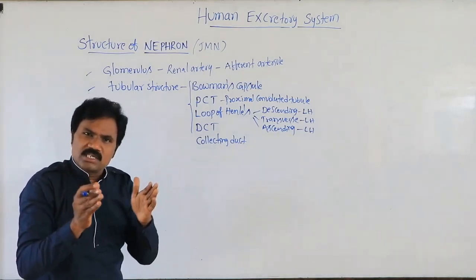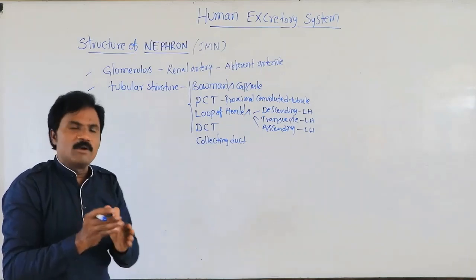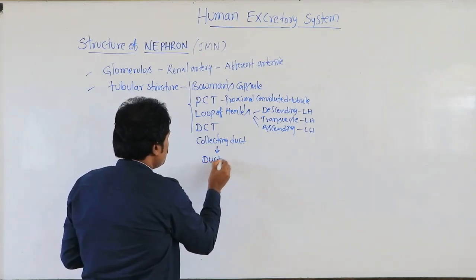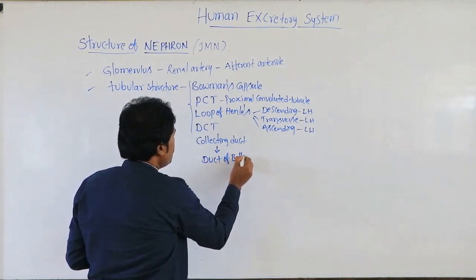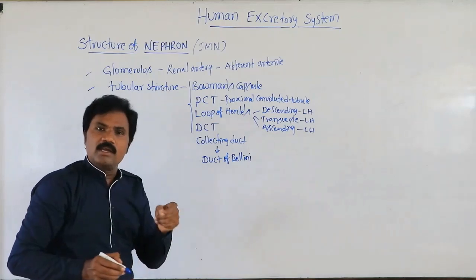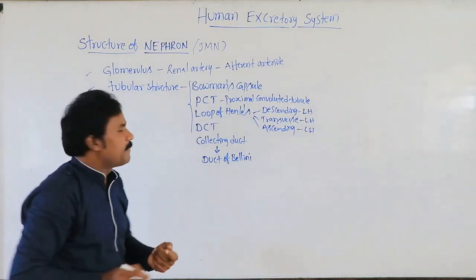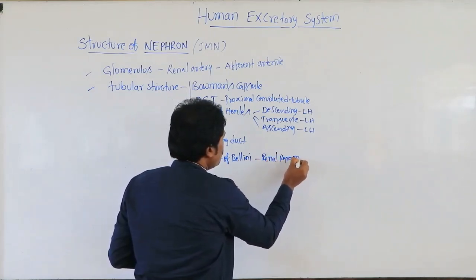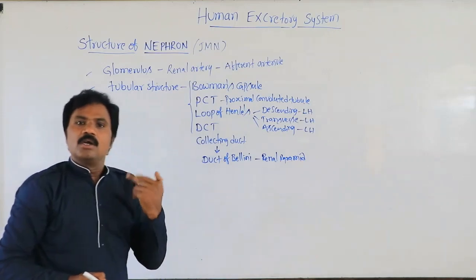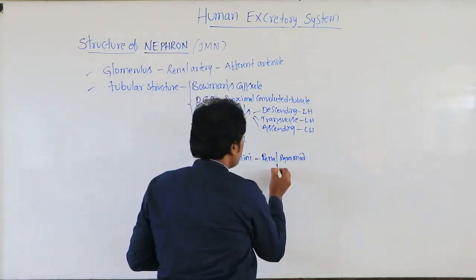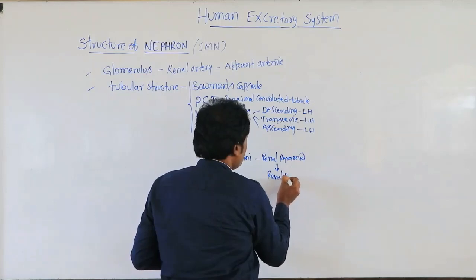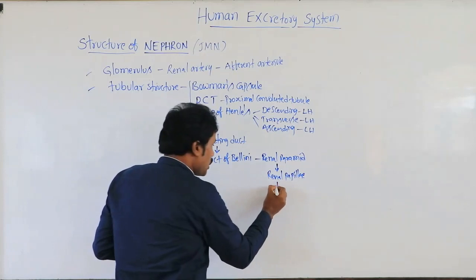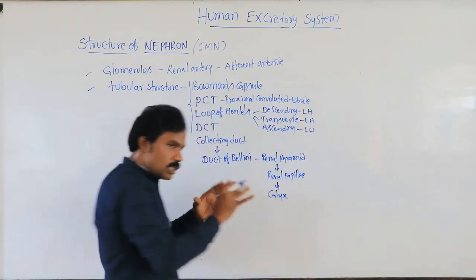Then all the collecting ducts get together to form the duct of Bellini. This duct of Bellini enters the renal pyramid, from the renal pyramid to the renal papillae, then renal papillae to the calyx, a group of calyces.